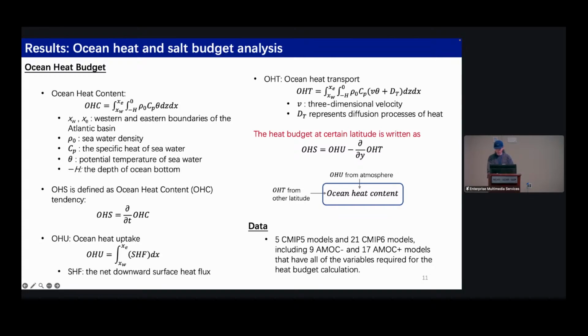For heat budget, the ocean heat storage at certain latitude is determined by the ocean heat uptake from the atmosphere and the ocean heat transport from other latitudes in the ocean. Here we use 5 CMIP5 models and 21 CMIP6 models that have all the variables required for the heat budget calculation.